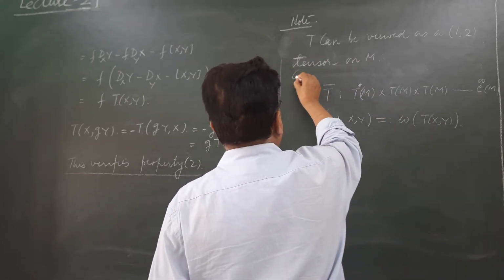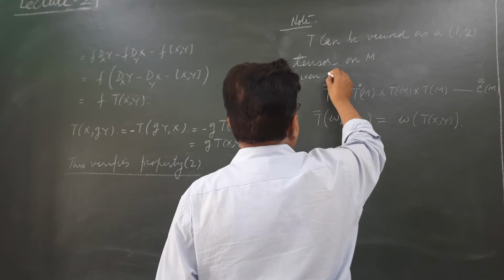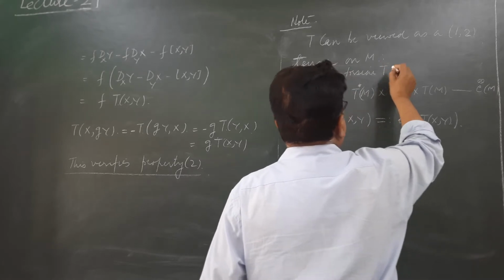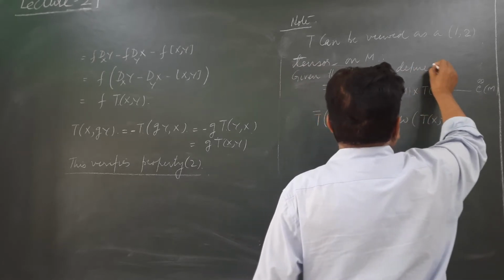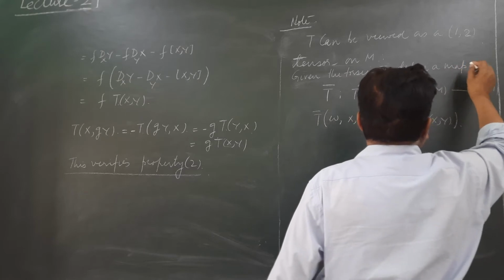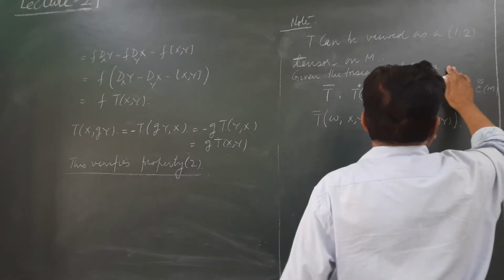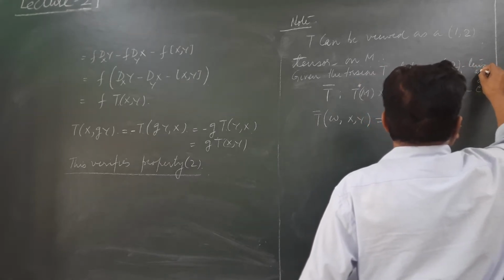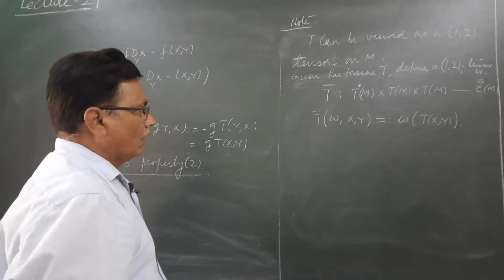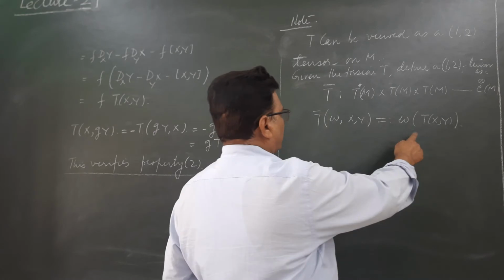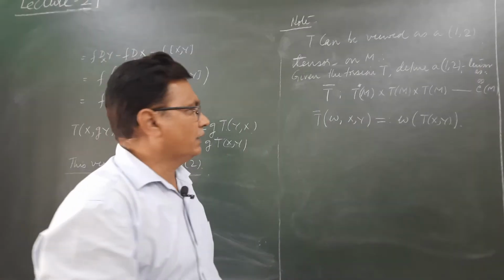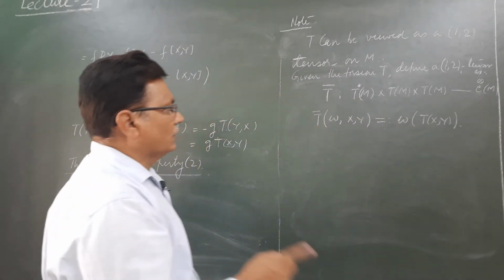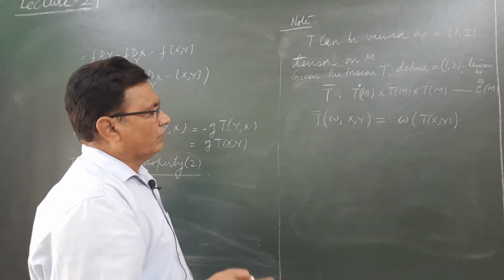Given the torsion T, define a 1-2 tensor as follows. Now, corresponding to every T, you can find out a T bar, and corresponding to every T bar, you can find out a T, and that means T and T bar have a 1-to-1 correspondence.